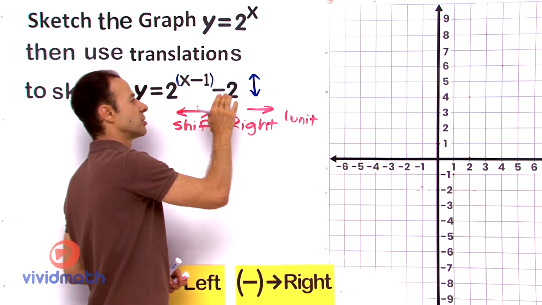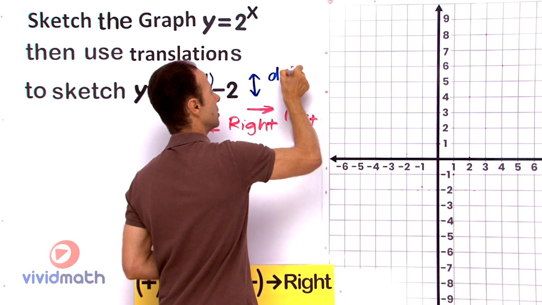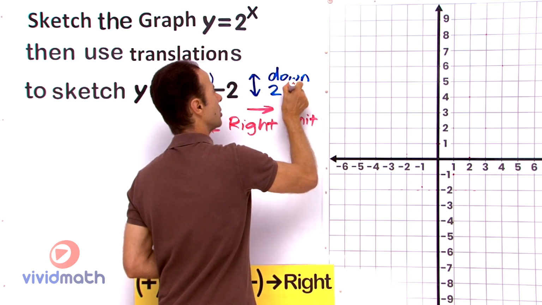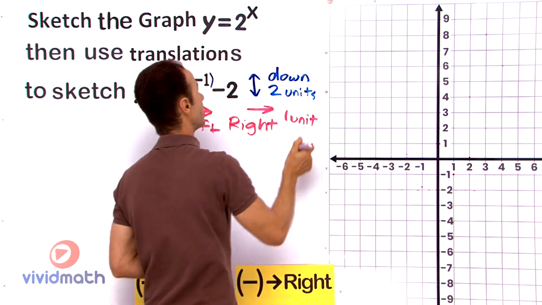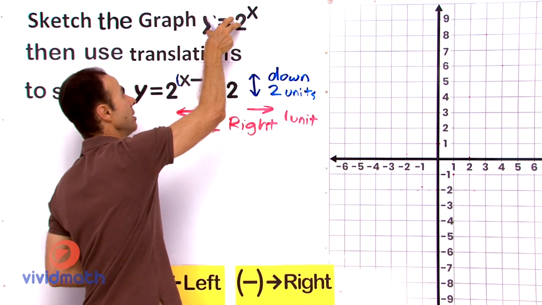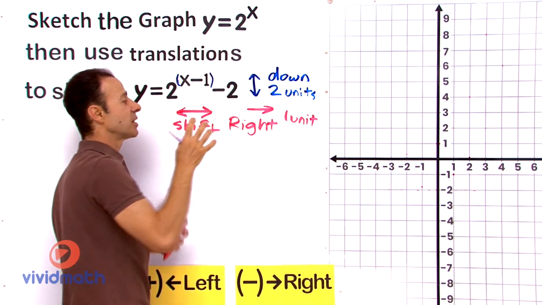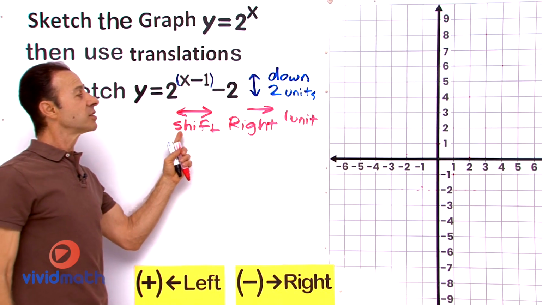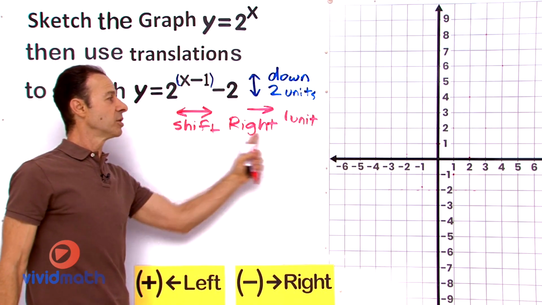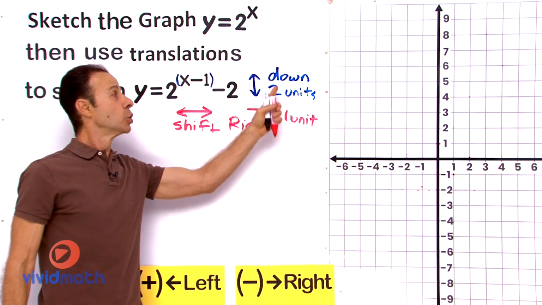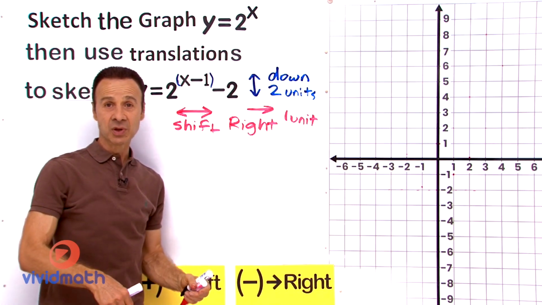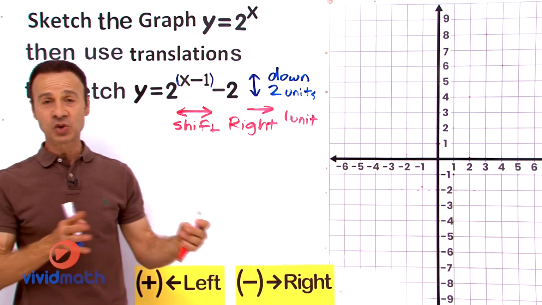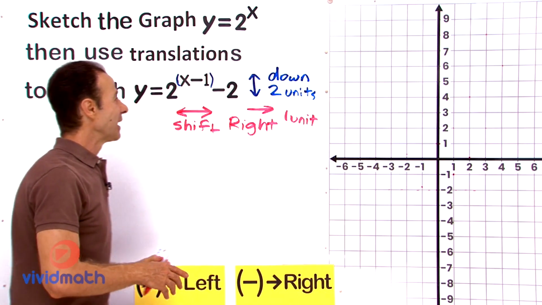So if it's minus 2, it refers to down by 2 units. So essentially, whatever we draw here, this will be shifted and translated horizontally 1 unit to the right and vertically 2 units downwards.